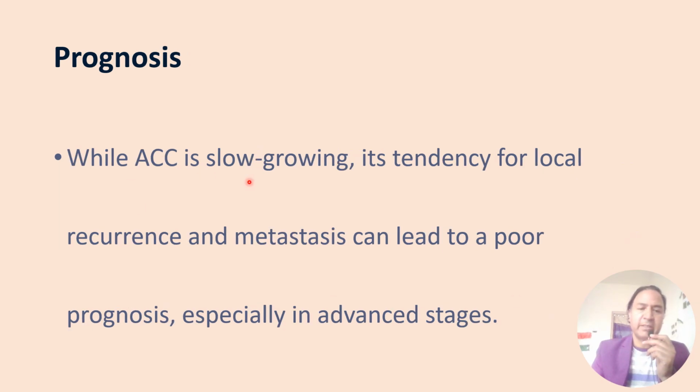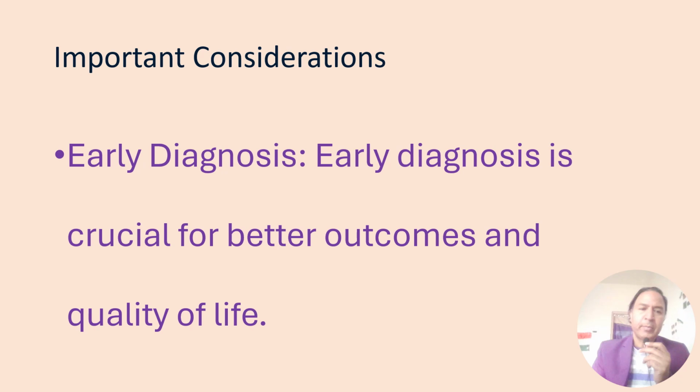Prognosis: ACC is slow growing, but its tendency for local recurrence and metastasis can lead to a poor prognosis, especially in advanced stages. As it grows slowly, there is delay in the treatment, and it may lead to advanced stages. An important consideration is early diagnosis, which is crucial for better outcome and quality of life.